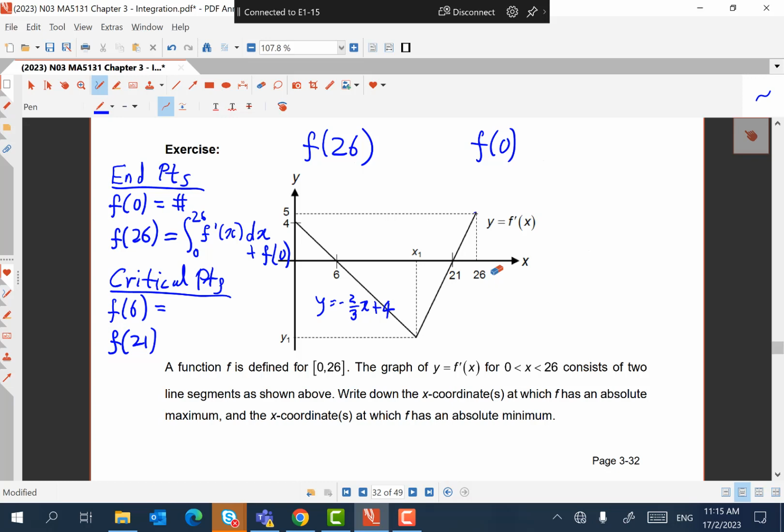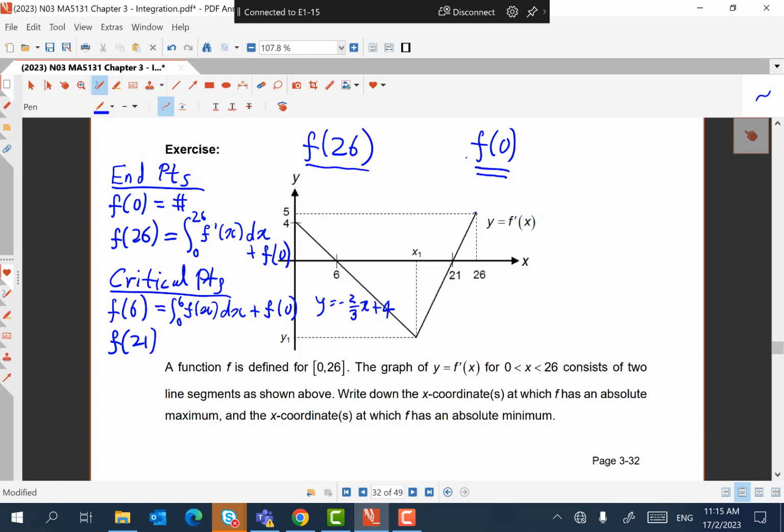Now, how do you find f6? Technically, to find f6 it is the integral from 0 to 6 of f prime of x, plus f0. Do you think I should put f6 here, or here, or here? Where should f6 sit in the ranking from left to right? On this diagram, f26 is on the left, therefore smaller than f0.